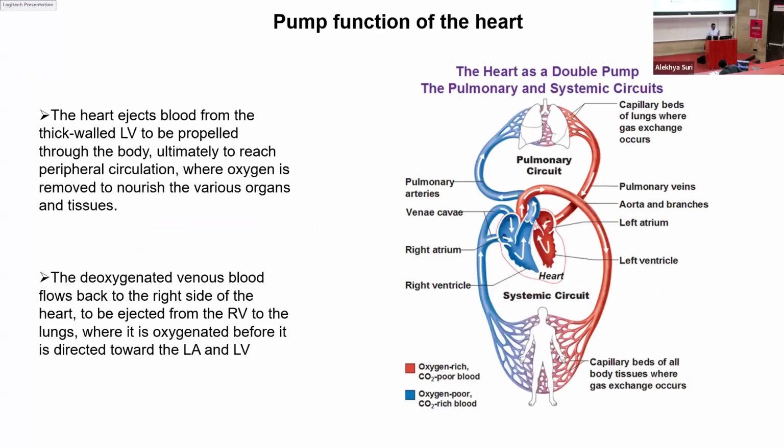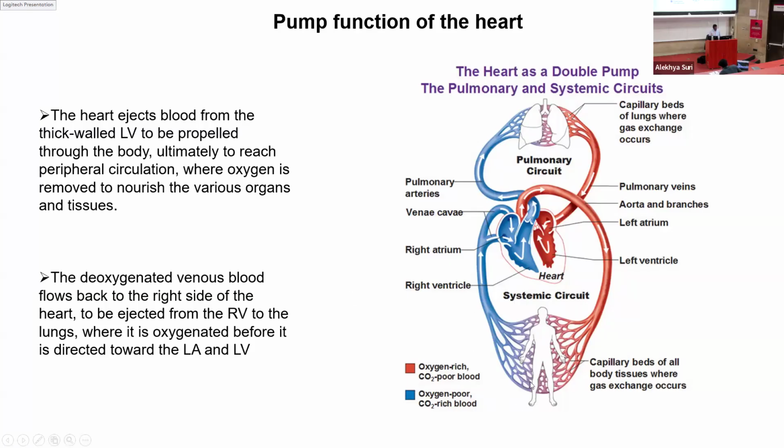Okay, so this is the basic structure of the myocardium and associated blood vessels and valves. Why it is important is that many of the diseases are associated with the valves or the structure of the myocardium. Okay, so the pump function of the heart is very simple. It has two different circuits, the pulmonary circuit and the systemic circuit.